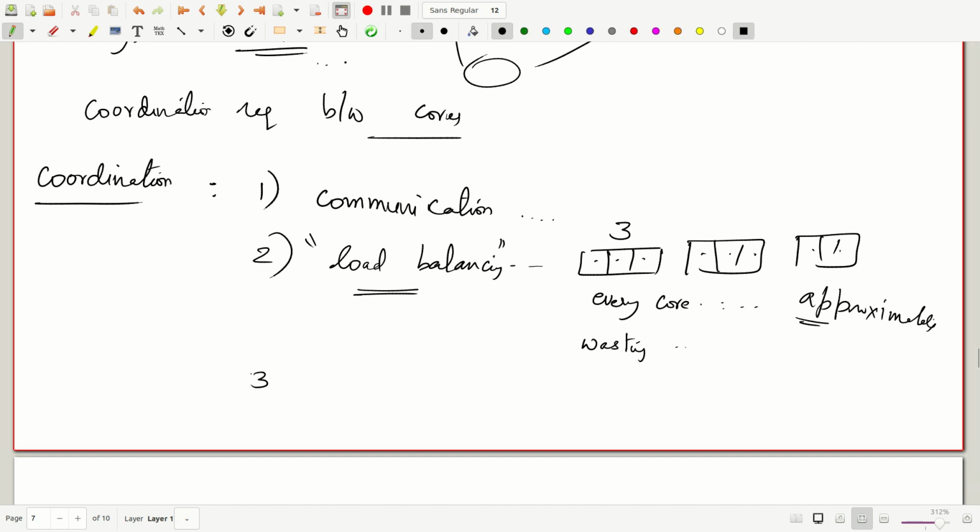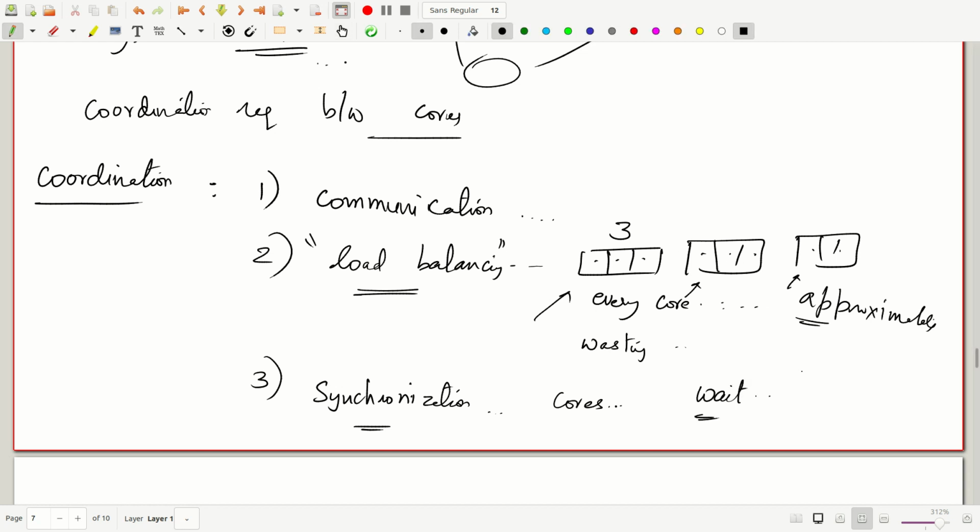Okay, the other coordination that needs to be accomplished in any parallel program is known as synchronization. Synchronization is also a type of coordination where, for example, if the master core has to distribute data to all the individual cores, then all the cores have to wait until the master core has got all this data to them.